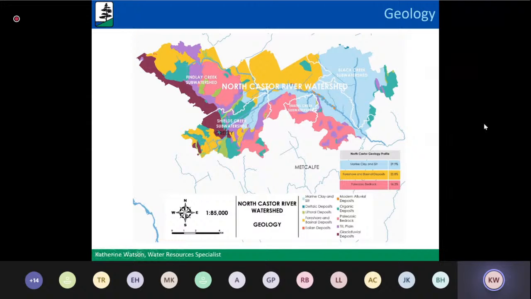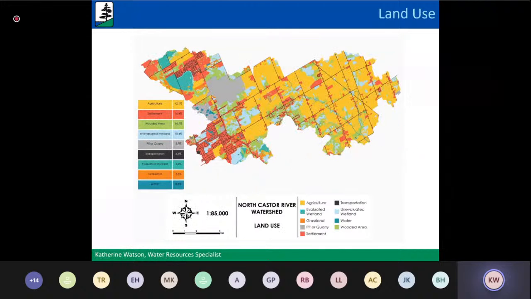Next slide. So here's a map of land use within the catchment, and so again, we see most of our agriculture land use is within those clay plain areas. Agriculture is at about 42% within this catchment. Settlement tends to be in those more headwater areas for Finley Creek and Shields Creek within the communities of Finley Creek and Greeley, as well as we do have some rural subdivisions further down in the system.